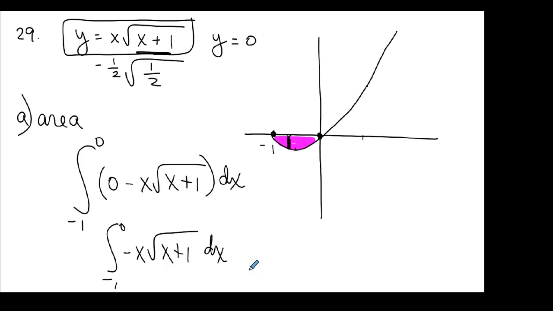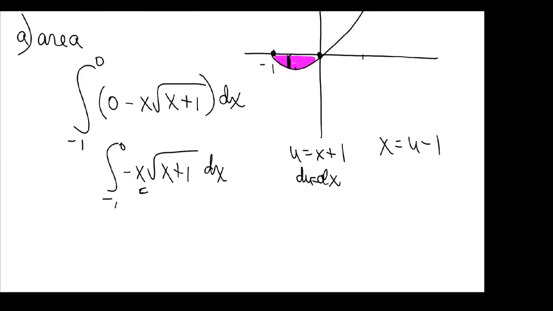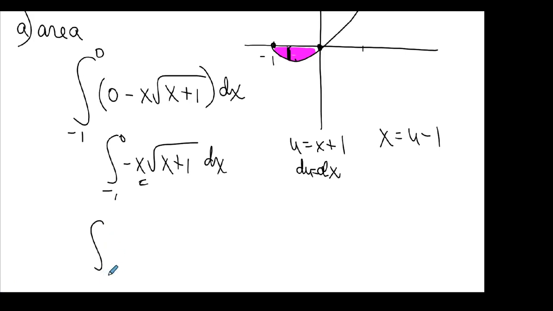And to do it, you actually have to do that u substitution where you let u equal x plus 1, du is dx, but then you've got this x to deal with, so you have to solve for x and then replace that in for this x, so that you would have negative x square root of, and then you can work it.